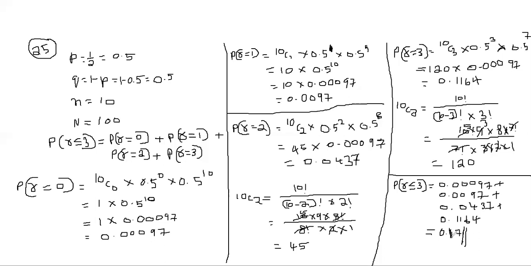But this is not the final answer. This is if the investigation is done by one investigator. But how many investigators are there in total? 100 investigators.